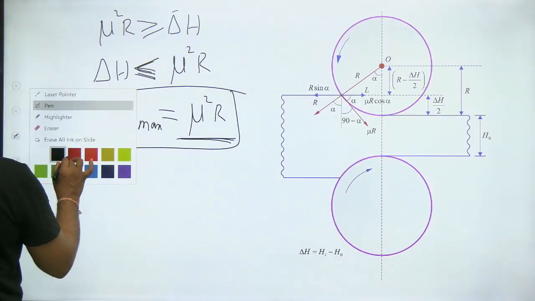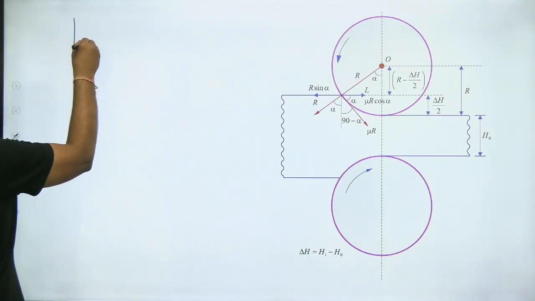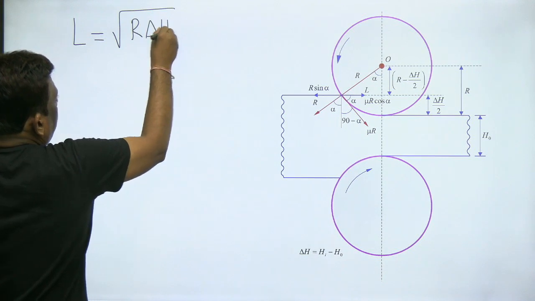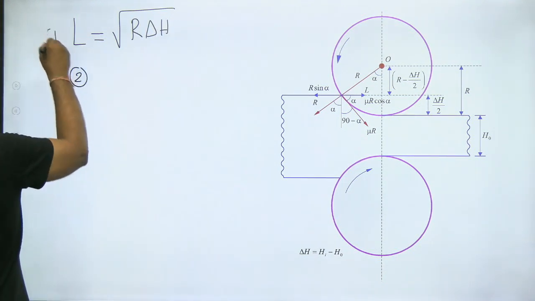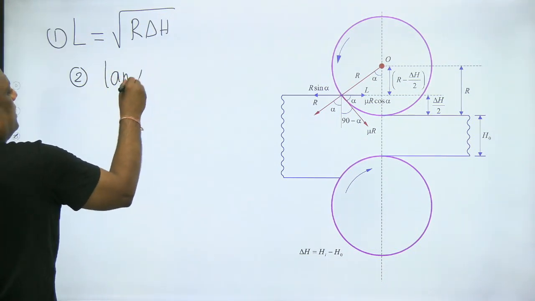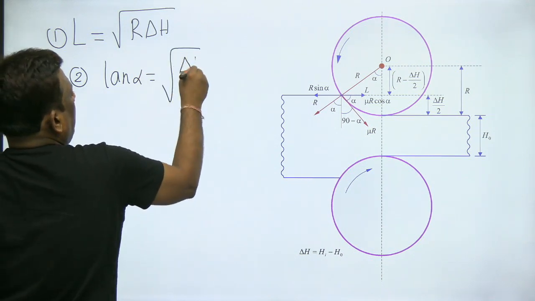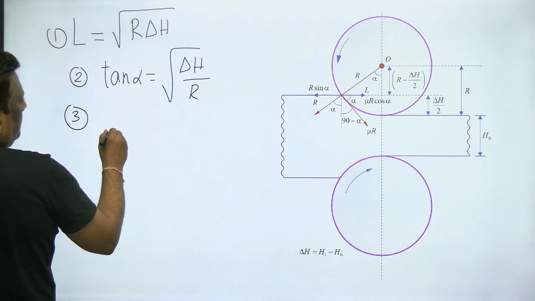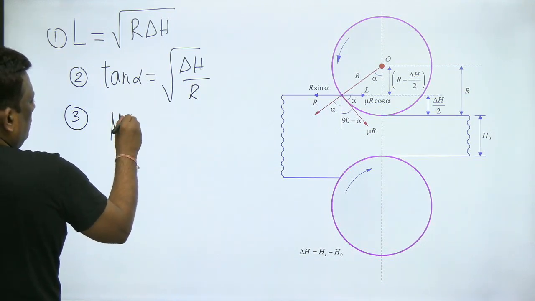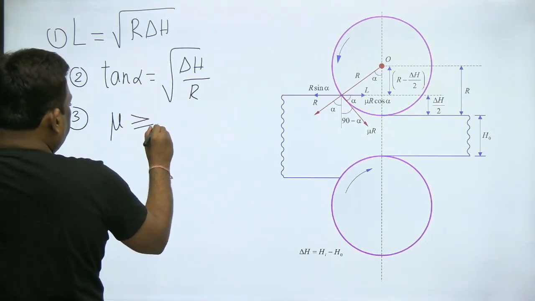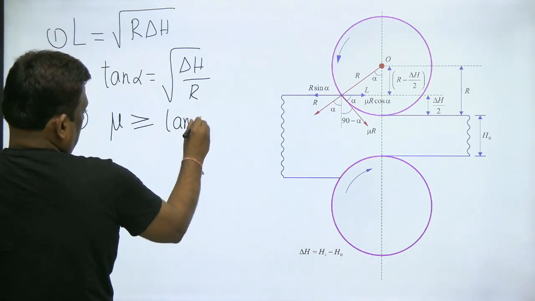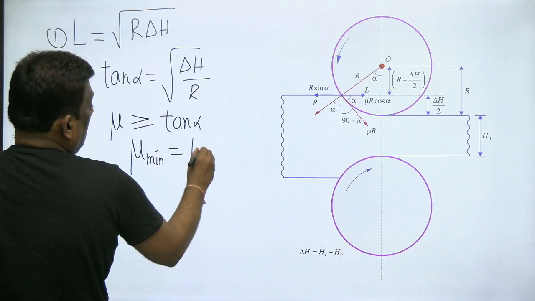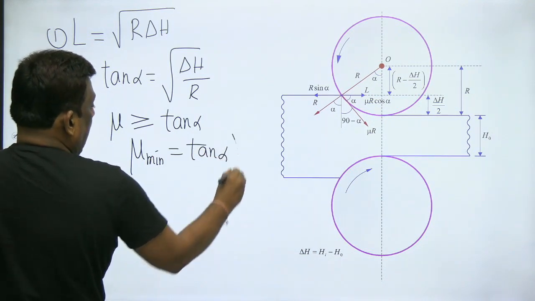So I gave you some of the equations. Let's recollect. Contact length is given by root of R delta H. The second equation is tan alpha is equal to under root of delta H by R. The third is mu should be greater than or equal to tan alpha, where alpha is the angle of bite, so the minimum coefficient of friction is tan alpha.